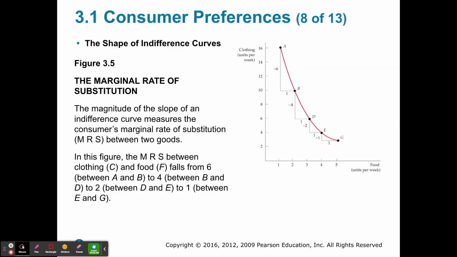The question would obviously be, why is that the case? Why is it the case that the indifference curve gets flatter as we go left to right?